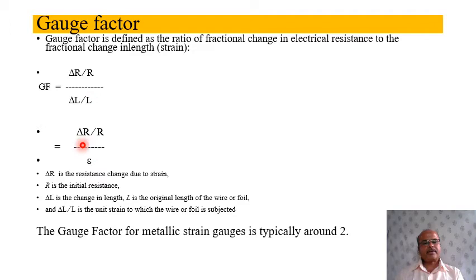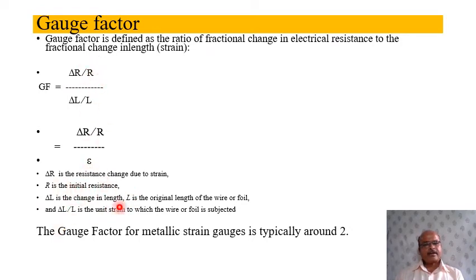Therefore, this equation becomes del R by R divided by epsilon, where del R is the change in resistance and R is the initial resistance.